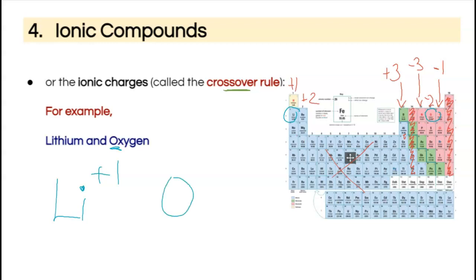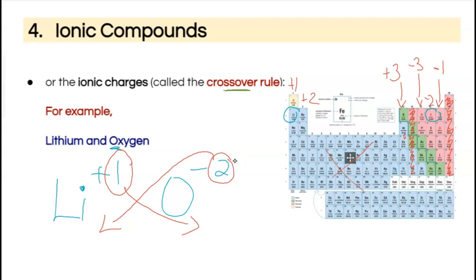Now how I get the chemical formula is I simply cross over the value of the charge. The negative and positive won't matter at this point. I cross that down, and I do the same thing with my 2, and that becomes the subscript below each of my elements.